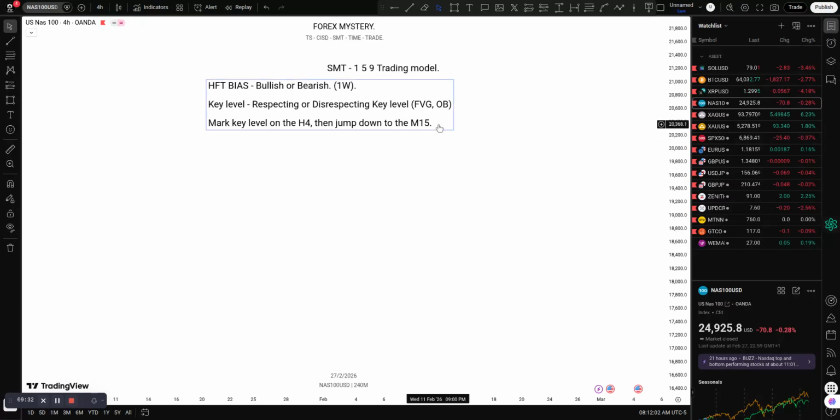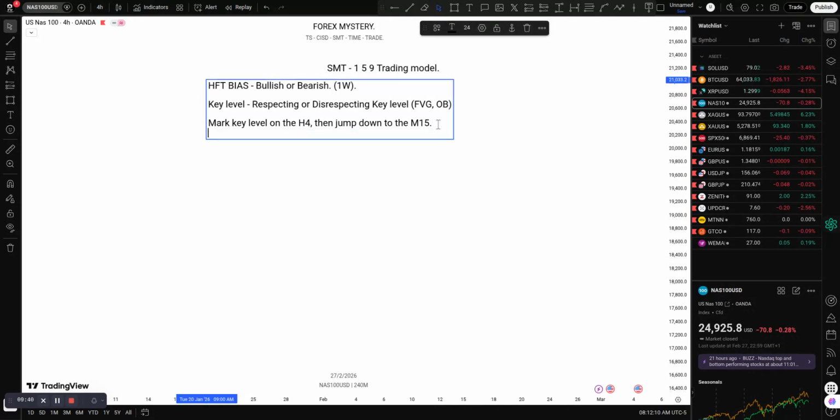Now, I want to go into these details very deeply. We all know that each 4 hour candle, on a 1 hour time frame, forms four candles.